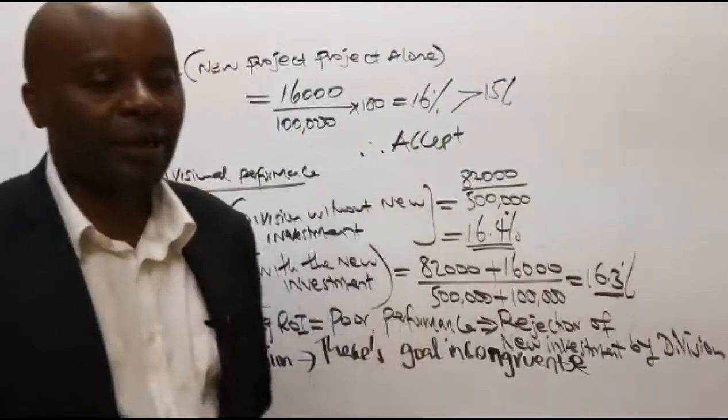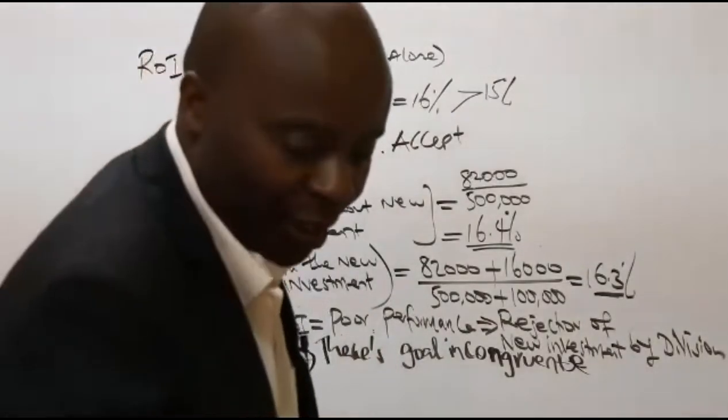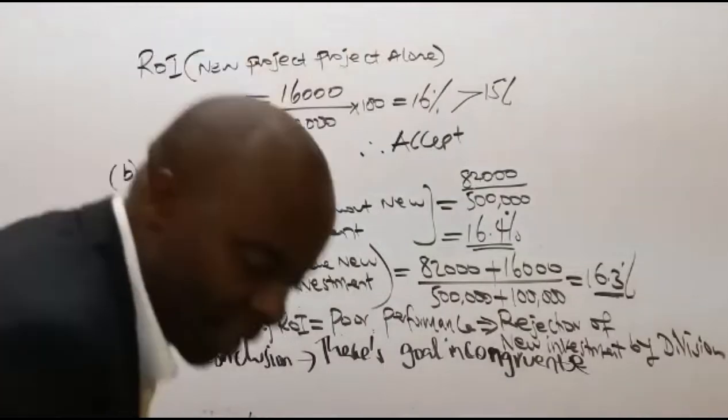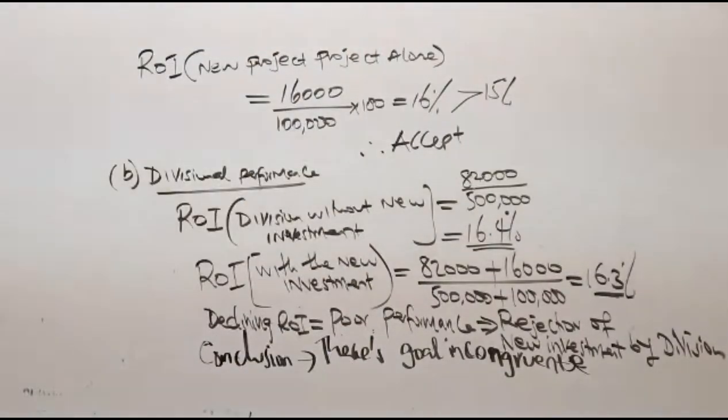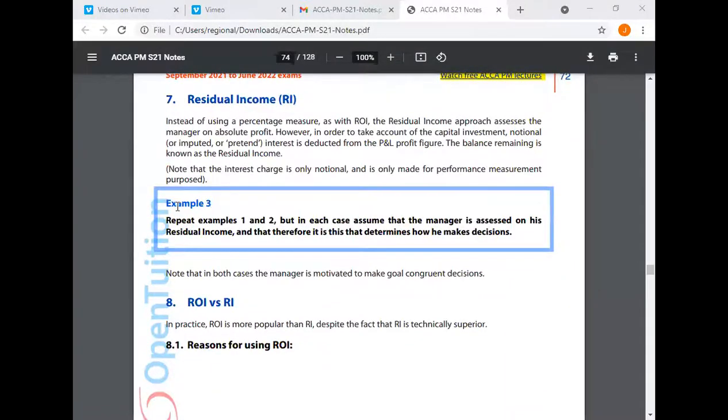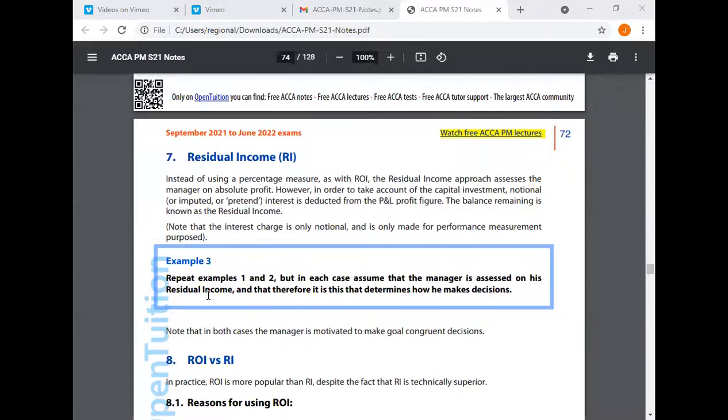All right, for us to be able to really cement this in our minds, I would want us to look at another example, a bit different though, but on the same line. Example 3.